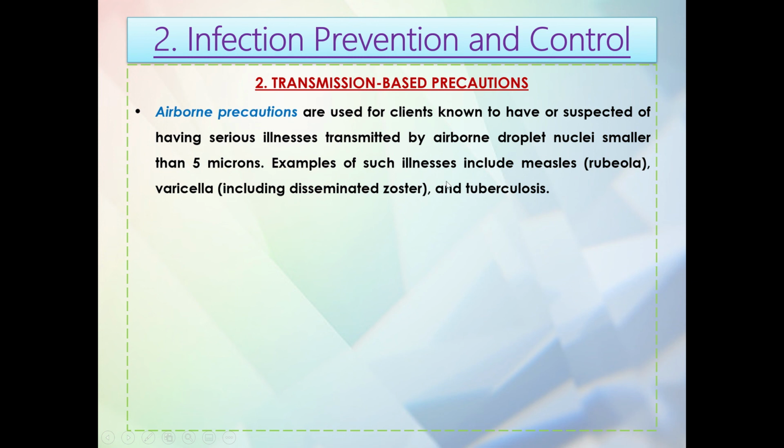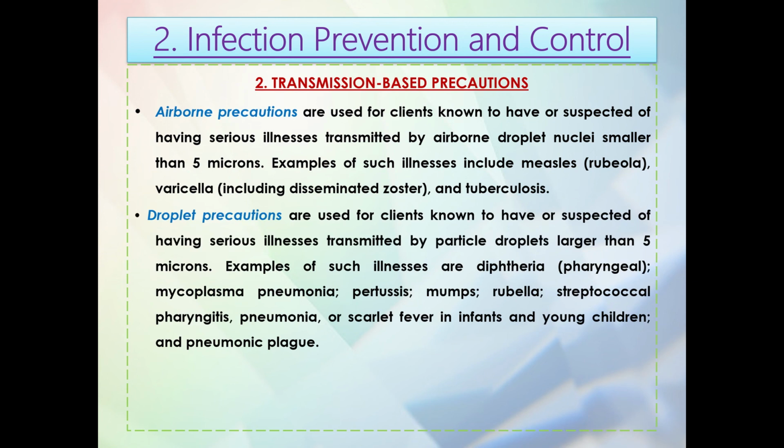Examples of such illnesses na pwedeng ma-transfer through airborne includes measles or rubeola, varicella, including disseminated zoster, and tuberculosis. So again, if our patient is having this kind of situation, so airborne precautions yung ginagawa natin. Mamaya I'll show you kung ano-ano yung air precautions na yun.